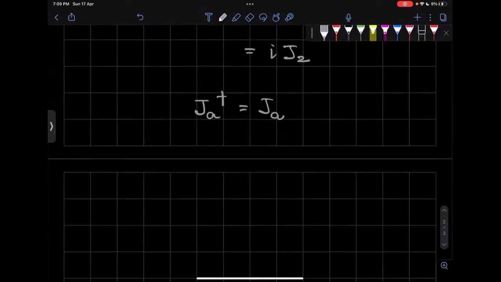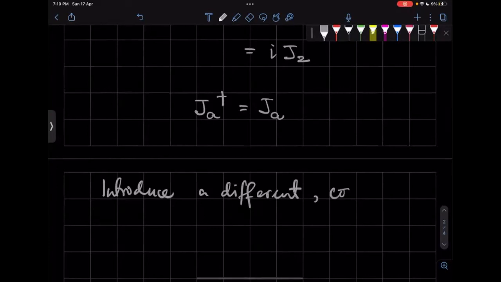Okay. So to develop the representation theory of the SU2 algebra, we have to follow Cartan and do something very clever. We introduce a different basis for the Lie algebra, a non-Hermitian basis. Okay, so we introduce a different complex basis for the Lie algebra of SU2.